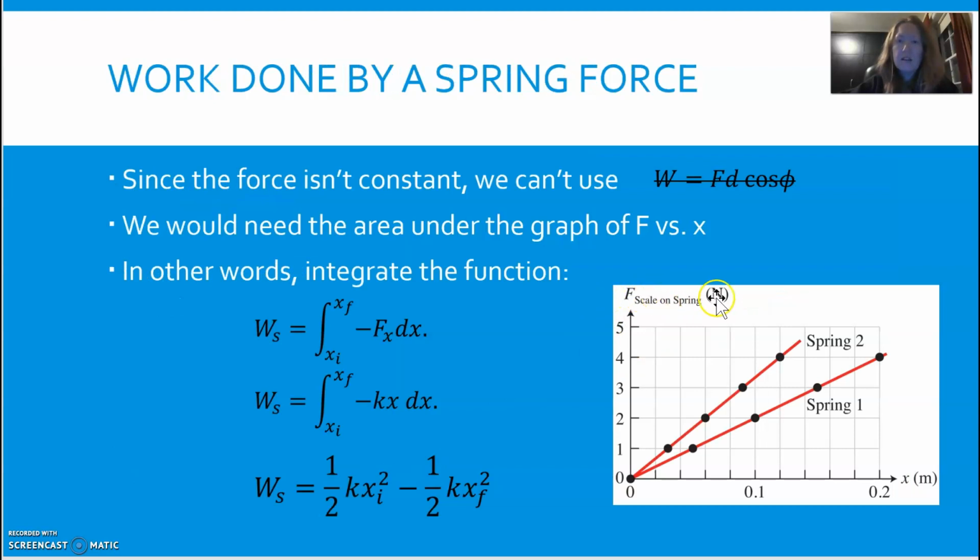And then, like I said, since the force isn't a constant, we can't use that nice easy formula to solve for the work anymore. We would need the integral of force with respect to distance. That's what's on your formula sheet actually as the definition of work.